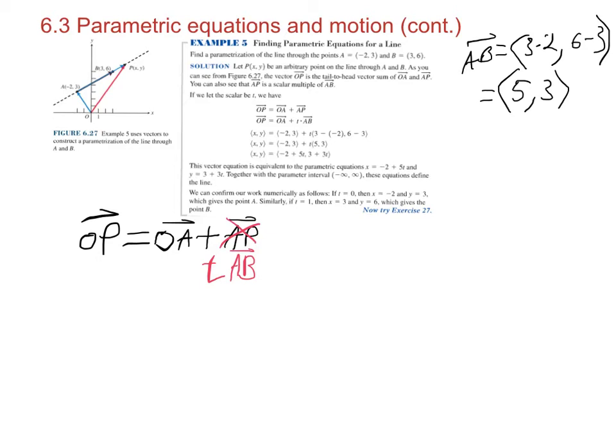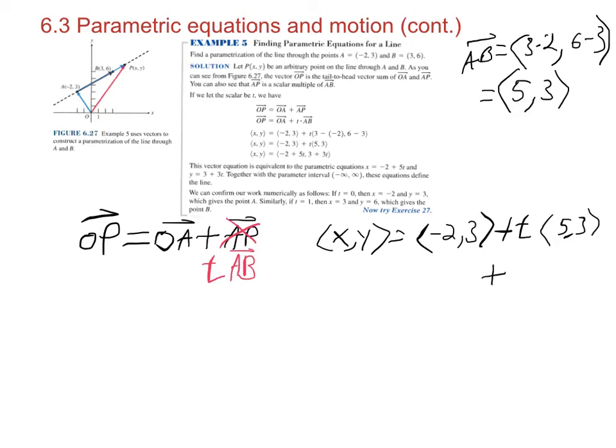Now, OA is the vector negative 2, 3. OP is the vector XY. When we put all of that together, OP is the vector X, Y, and it equals OA, the vector negative 2, 3, plus t times the vector AB, which is 5, 3.